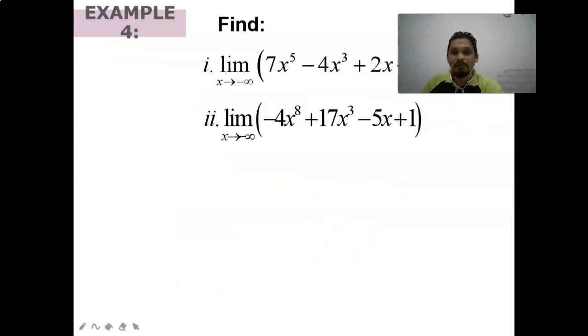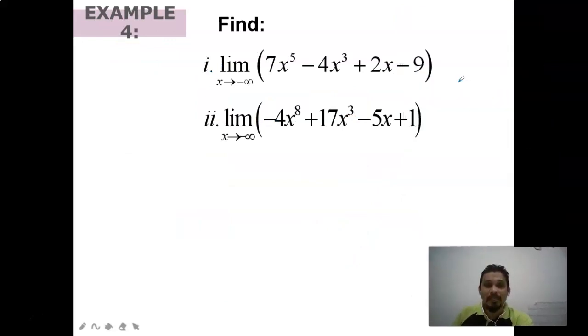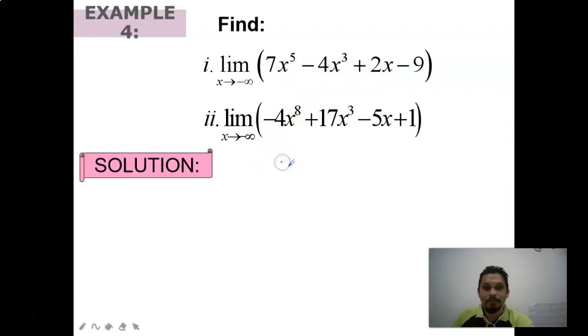Okay. Now, limit as x approaches negative infinity of this function, and also this one here now. For this question, x approaching negative infinity means the value of x is all negative: negative 10, negative 100, negative 1000, all negative.